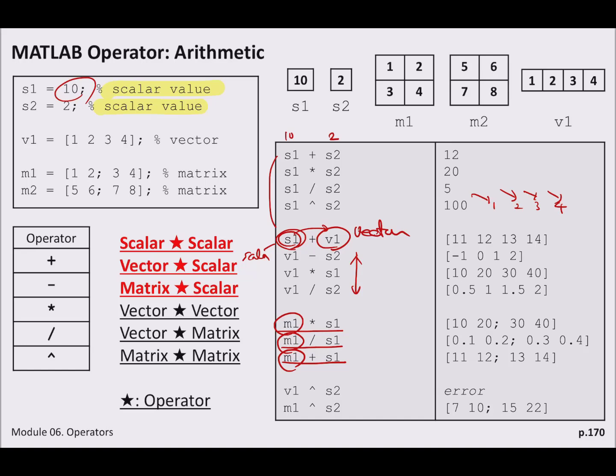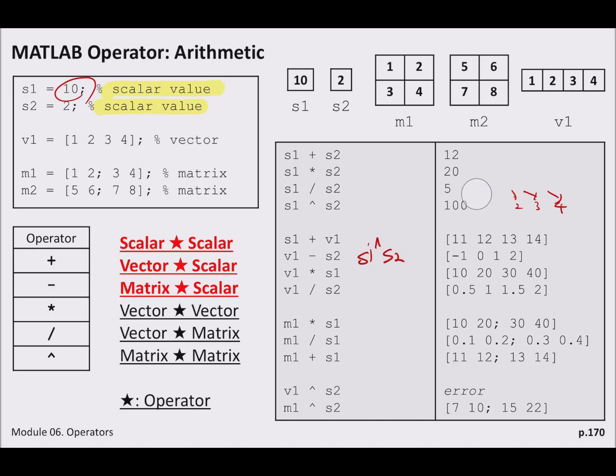Here's the question. What about this caret operator? What is this value? It becomes 100, right? This is 10 to the power of 2. But what about this one?